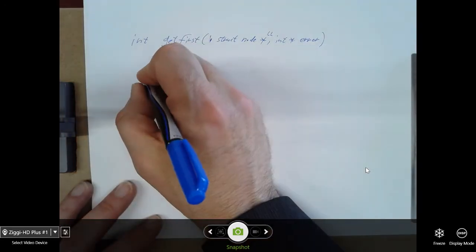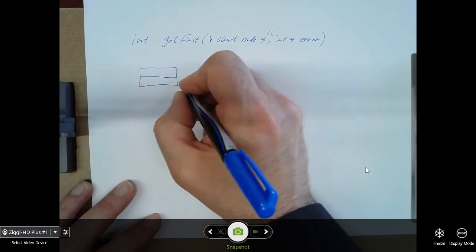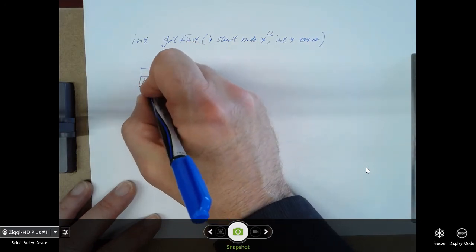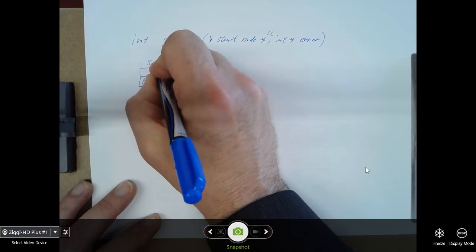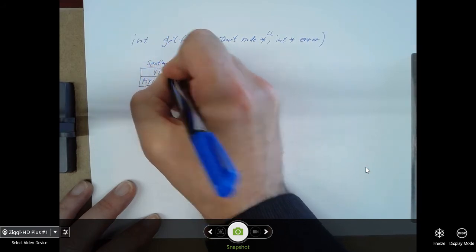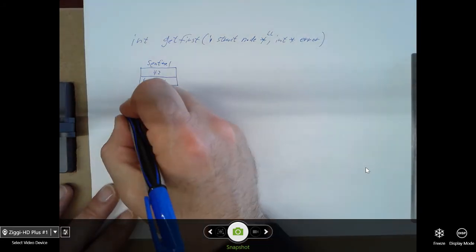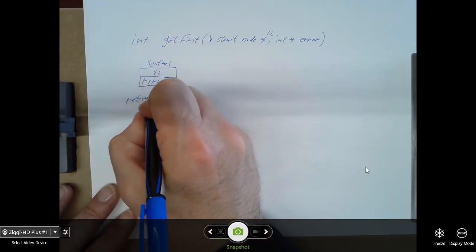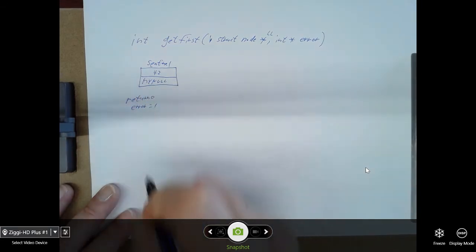And there's two possibilities. The first possibility is that all we have is a sentinel node, in which case we should return 0 and we should set error equal to 1.